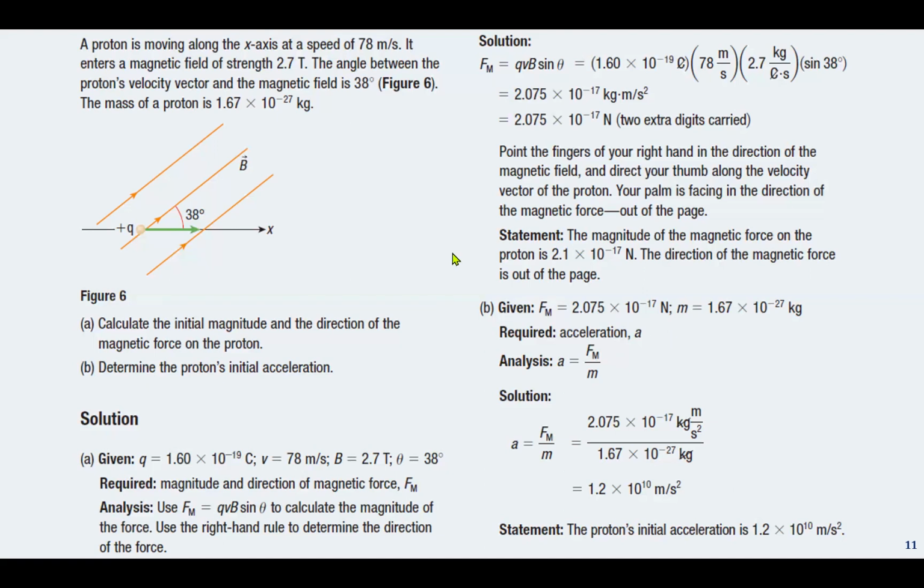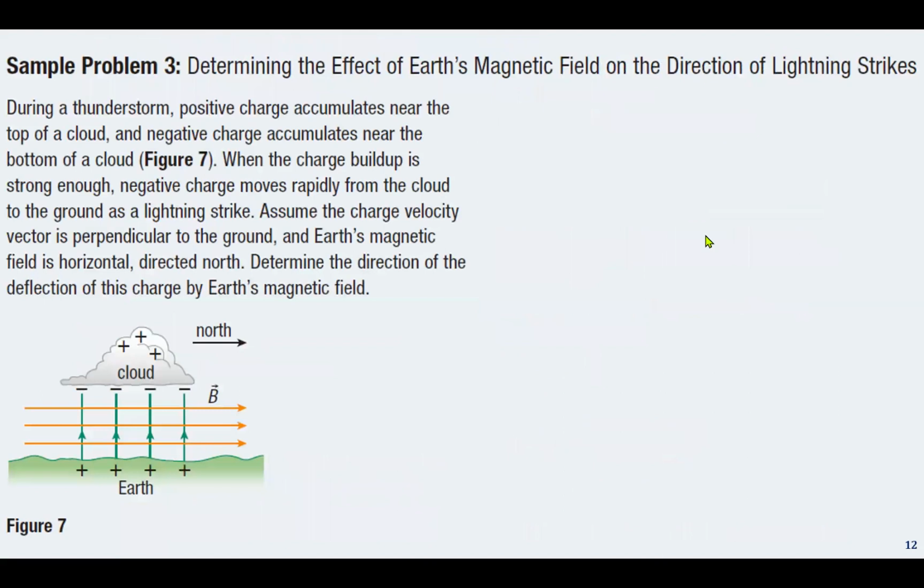All right, if no questions, let's have a look at another problem here. During a thunderstorm, positive charge accumulates near the top of a cloud, and negative charge accumulates near the bottom of a cloud, which is shown here in figure 7. When the charge built up is strong enough, negative charge moves rapidly from the cloud to the ground as a lightning strike.